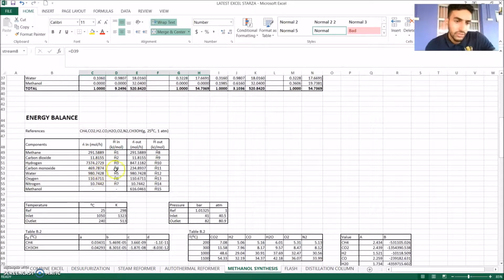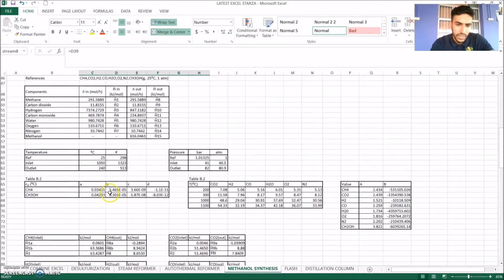Then we converted it to find each heat or energy. We use the constants A, B, and C because we are dealing with ideal gas, so we need to use that formula.